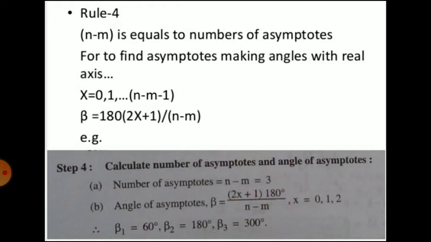Now the angle of asymptotes, with a different notation used here: beta is equal to (2x plus 1) into 180 degrees upon n minus m, where x is equal to 0, 1, 2. How many values of x you have to take depends upon the number of poles and zeros, that is n minus m minus 1.